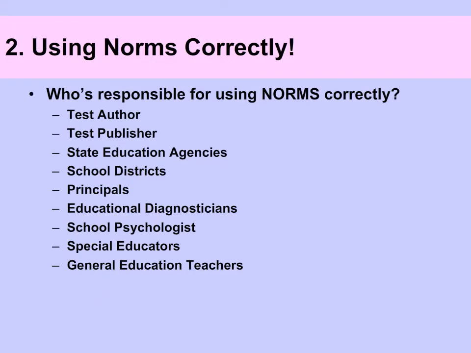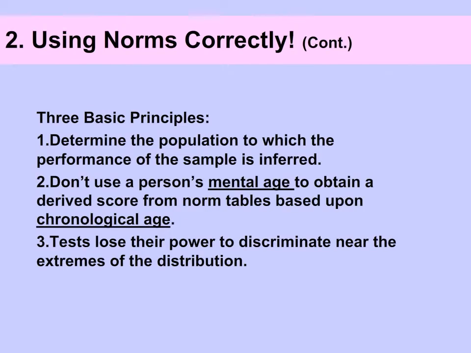Using norms correctly is extremely important. If we professionals use norms incorrectly, then our data is incorrect, our interpretations are false, and our decisions will be flawed. Here are the 3 principles of using norms correctly.